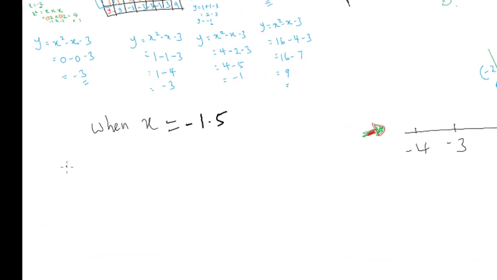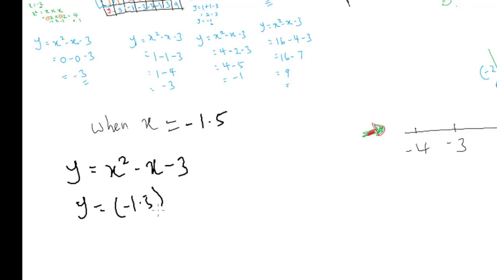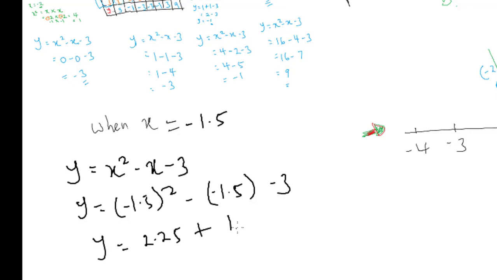We have our function to be y is equal to x squared minus x minus 3. So wherever we see x, we put -1.5 there. So y is going to be -1.5 squared minus -1.5 minus 3. So our y is going to be 2.25 plus 1.5 minus 3.